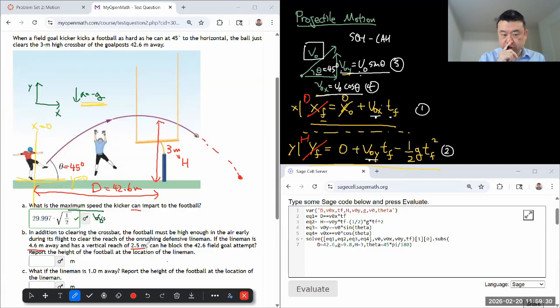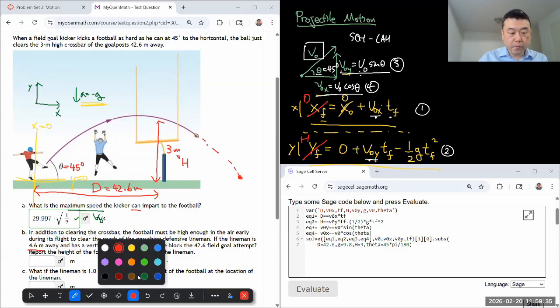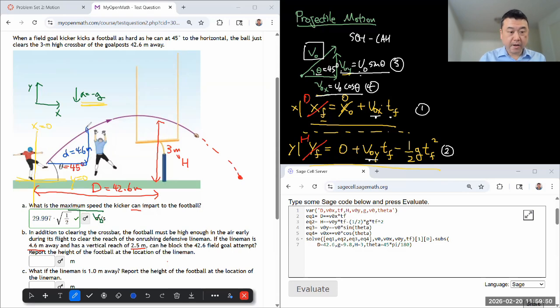What I should do instead is figure out where the ball will be. Imagine the ball has traveled a small d distance of 4.6 meters away, and at that point I want to figure out what the height, small h, is, and I can compare this number to 2.5 meters to figure out whether the lineman could have blocked.